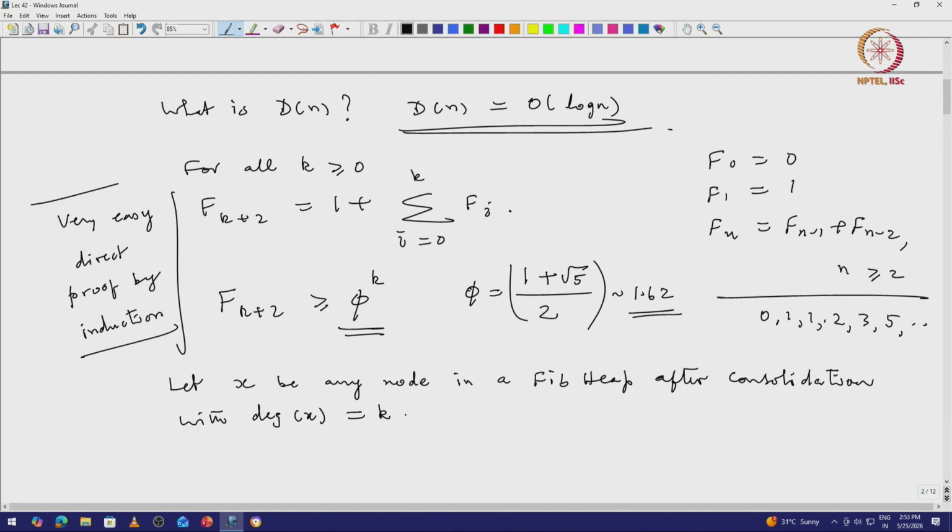Degree of x equal to k means x has k children. Let y1, y2, ..., yk be the children of x.